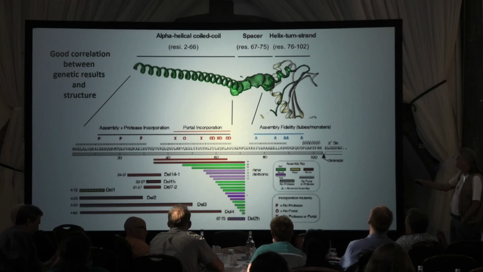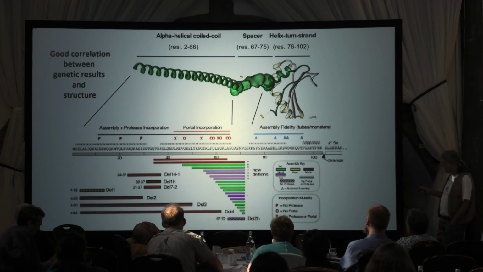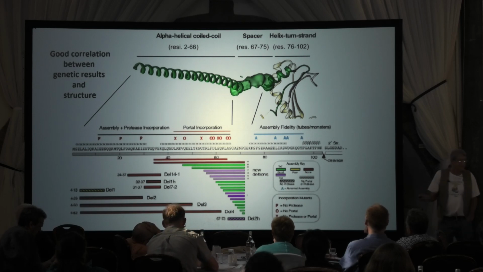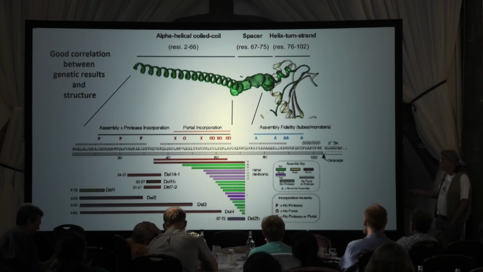We have mutations in the middle, which affect portal incorporation. And as far as that goes, we can remove up to 26%, which is 26 residues, which is about 1/4 of it, and it still works. So that's suggesting maybe that the N-terminus is really important for assembly.